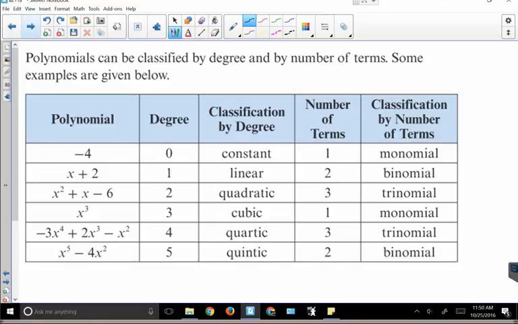Now, polynomials can be classified by degree and by the number of terms. Okay? So, if I want a polynomial that's just a constant, it has 0 degrees, 1 term, it's a monomial, just all by its lonesome.